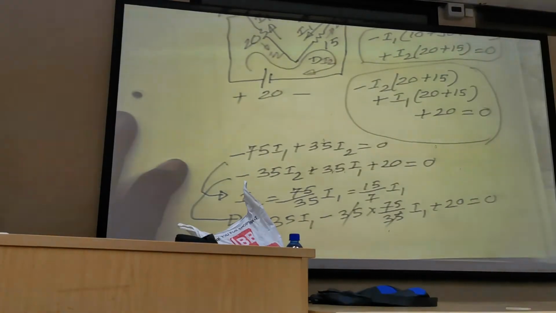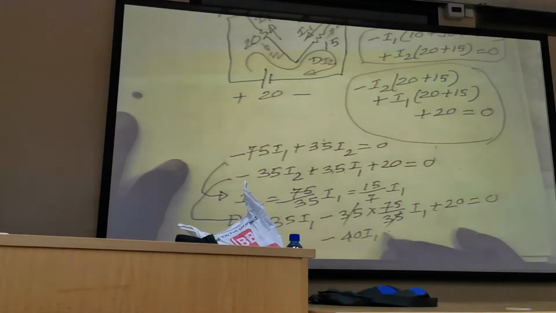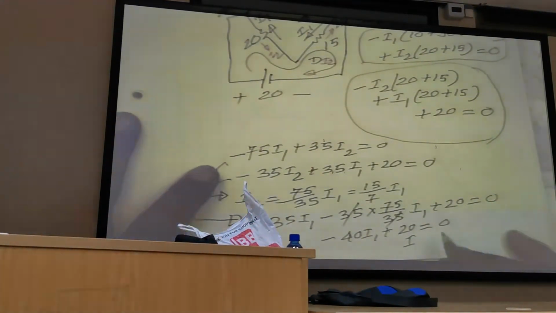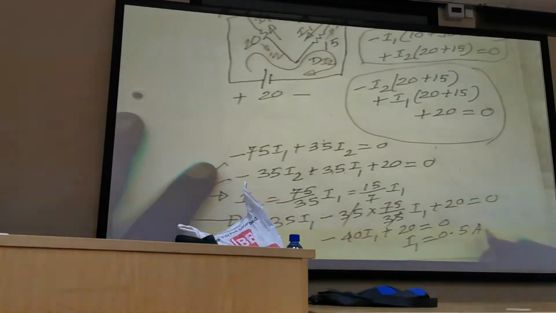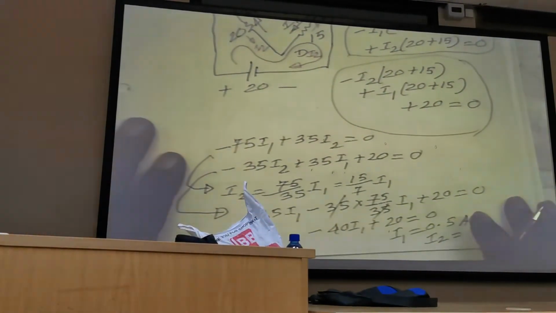This one goes. So 35 minus 75 minus 40 I1 plus 20 equal to 0. I1 is 0.5 ampere, and I2 is equal to 1.07.